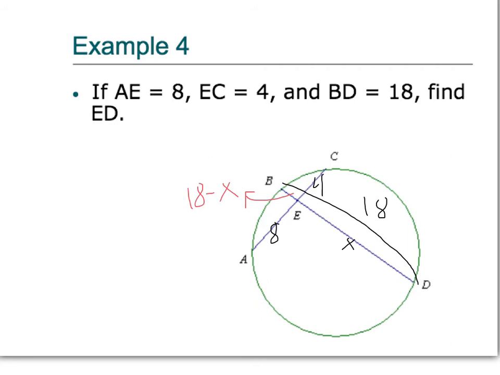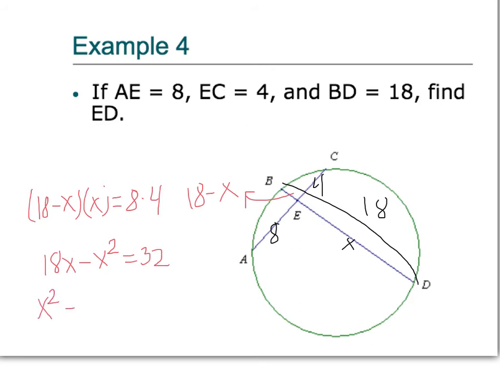Okay, now I could start using my chord power theorem, which is going to be 18 minus x times x equals 8 times 4. So I will have 18x minus x squared equals 32, and I'll have x squared, I like having the positive coefficient, minus 18x plus 32 equals 0.